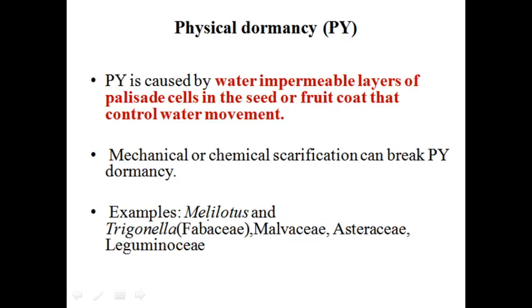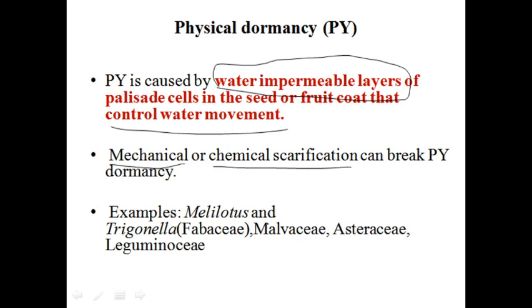The fourth type of dormancy is physical dormancy. It is due to water-impermeable layers of palisade cells in the seeds, which control the water movement, and because of this the seeds cannot absorb water. To break this type of dormancy, there is a need for mechanical or chemical scarification.